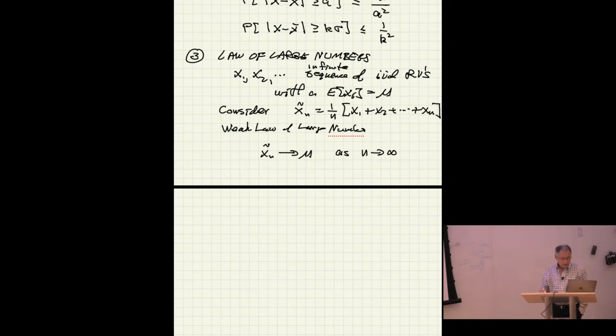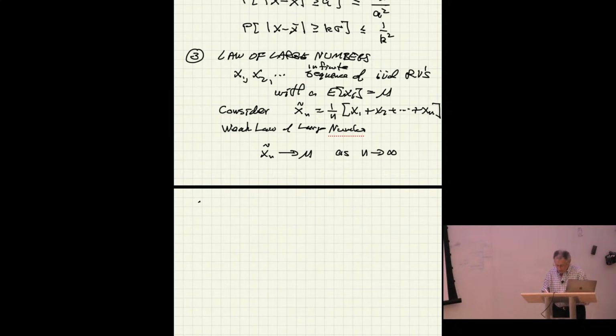Now, the weak law says it converges in probability. The strong law says it converges almost surely. I don't want to go into that. The point is, you add together a large number of independent random variables, each with the same mean, and they're going to tell you what the answer is. So again, this is telling you something about what happens independent of the distribution itself.